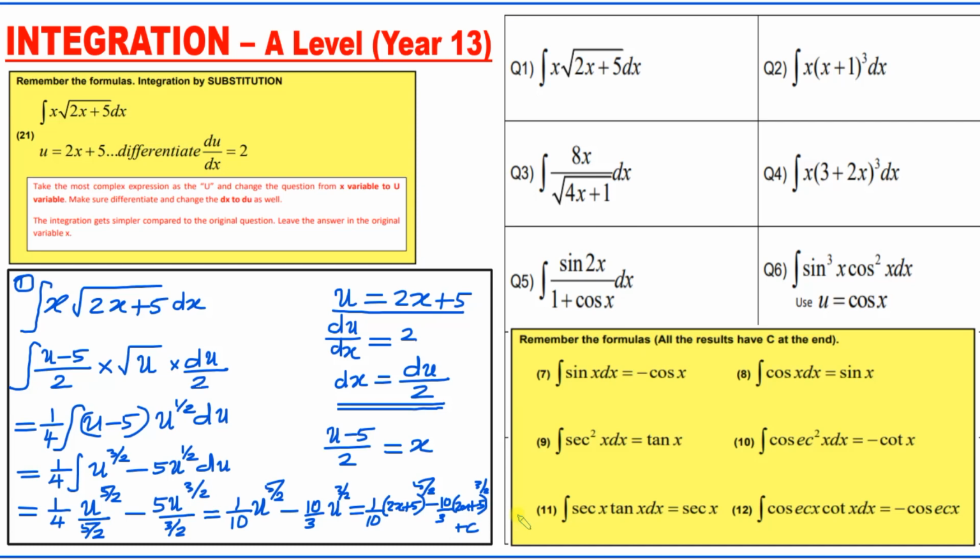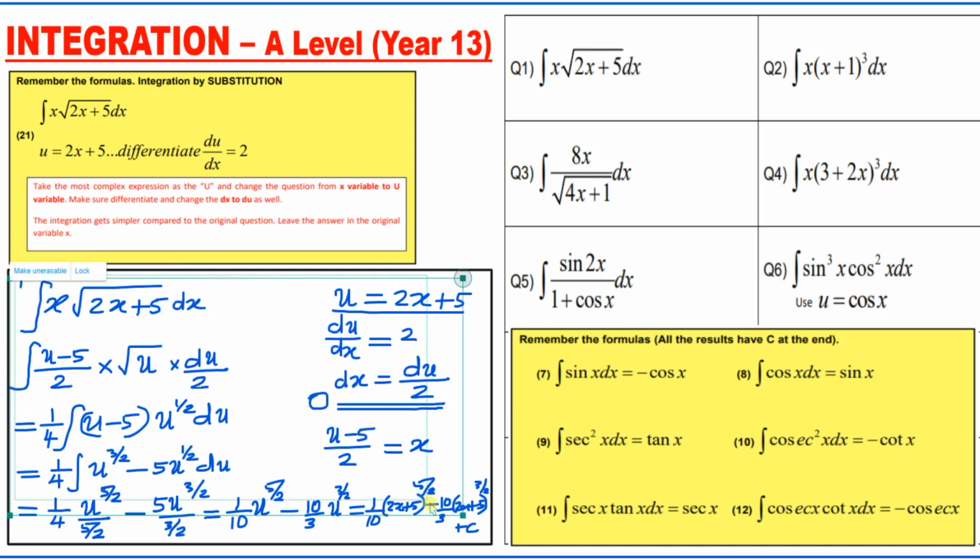So you are changing from one format to a different format, basically one variable to another variable, making the question simpler, so you can easily integrate. That is the whole purpose of integration by substitution. That is the first question done.